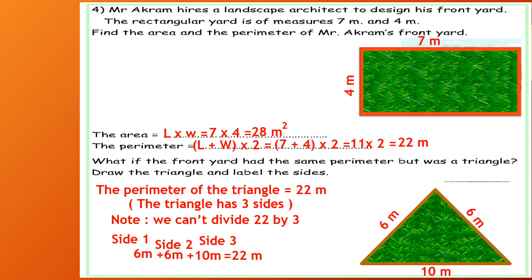We can change the lengths of the three sides, but the sum of the three sides all together has to be 22, because the perimeter equals 22. If anyone wants to change it, it's alright, but the total has to be 22.